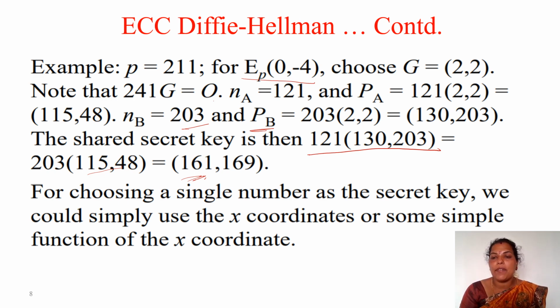Mainly we are not working on any variables. Here we are working on points, that is x value and y value, because in the elliptic curve we have to plot a point. So by plotting the point, then only we can use that point with the public key crypto system, that is the elliptic curve crypto system.